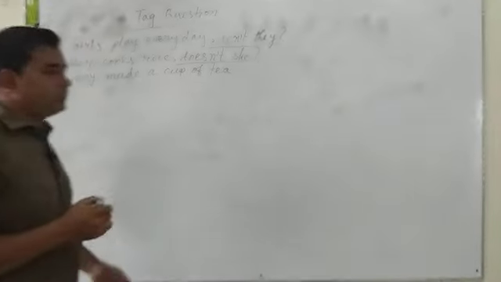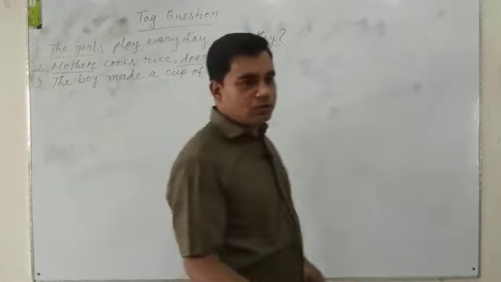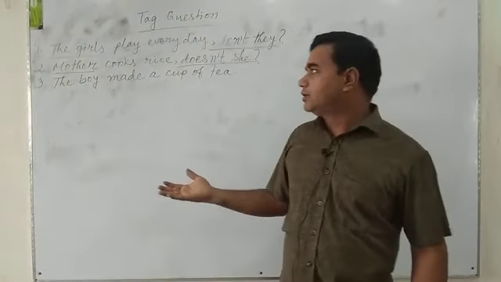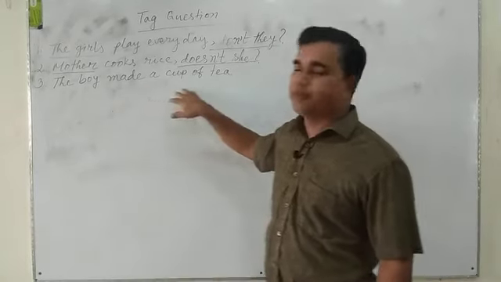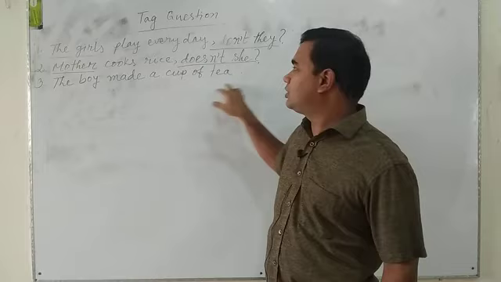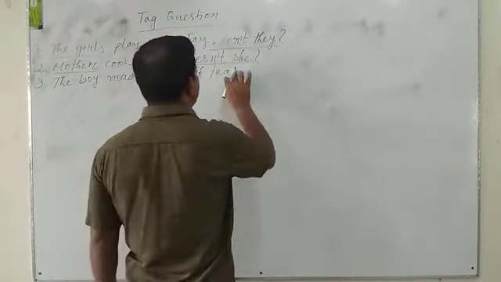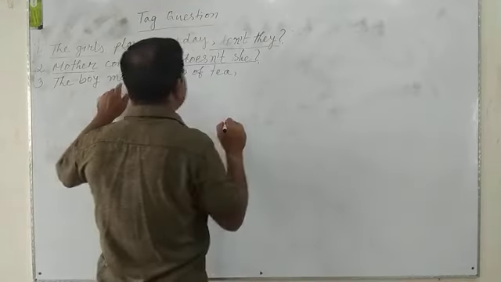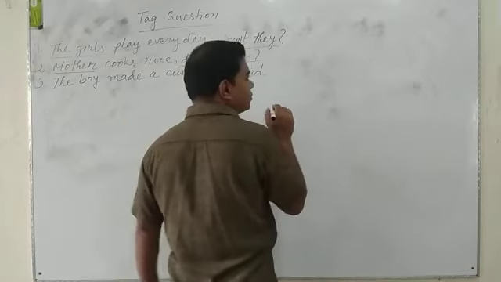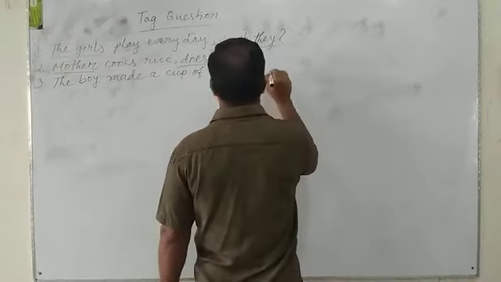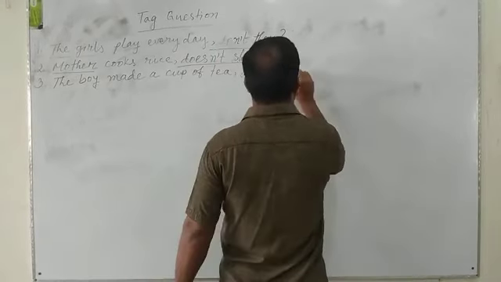The boy made a cup of tea. My dear students, I have told you that if the sentence is in the past tense, we have to use did as an auxiliary verb. So, we will use did here. And the sentence is also affirmative, so we have to use a negative tag. Didn't he?